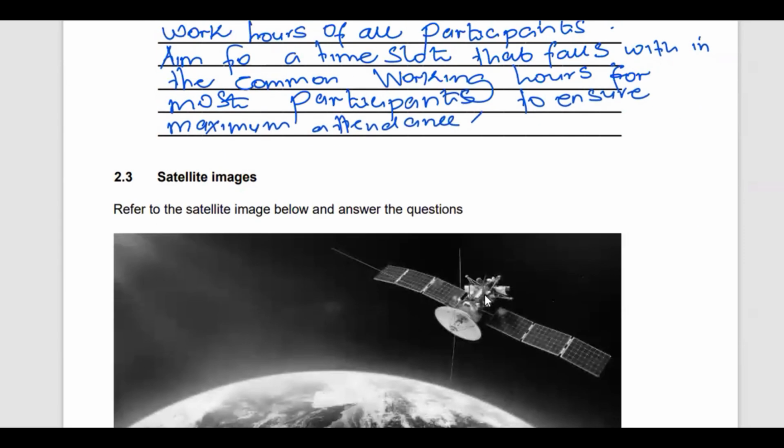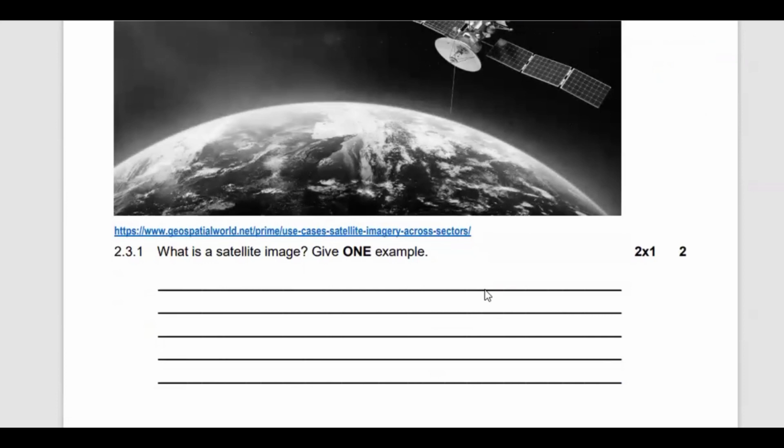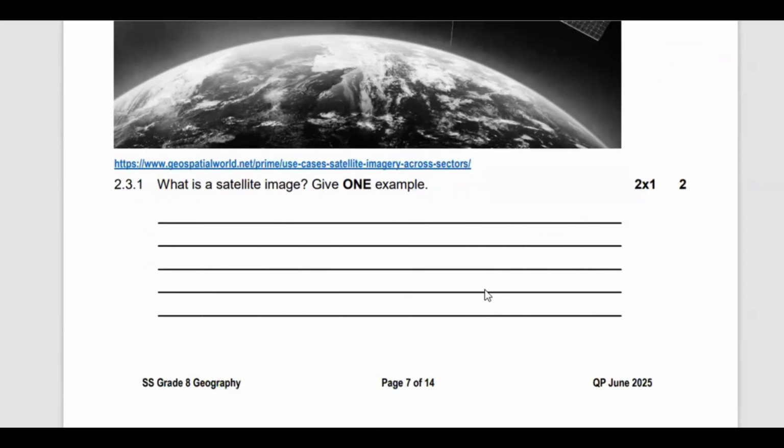Here we have the satellite images. Refer to the satellite image below and answer the following questions. What is a satellite image? And give an example.